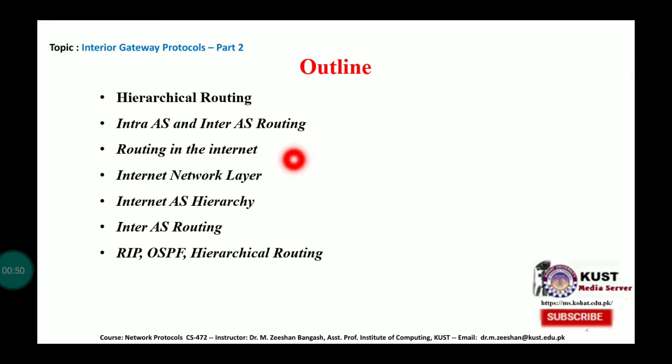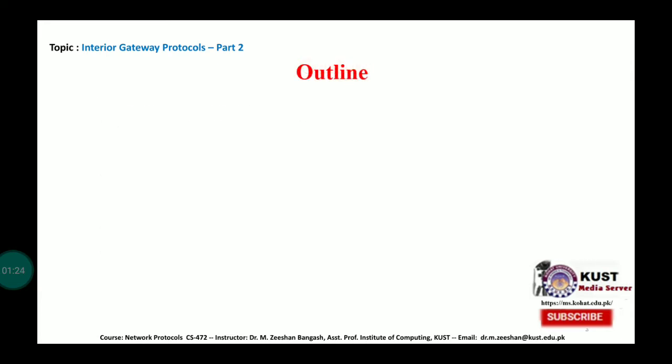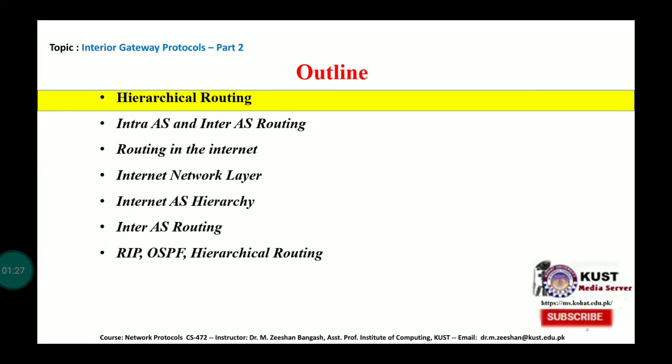Then we will discuss some of the issues related to routing in the internet, particularly the network layer, and in the last part of today's discussion we will cover hierarchical routing in autonomous systems and some inter-autonomous system routing protocols like RIP, OSPF and hierarchical routing. So let's move to the first agenda item, that's hierarchical routing.